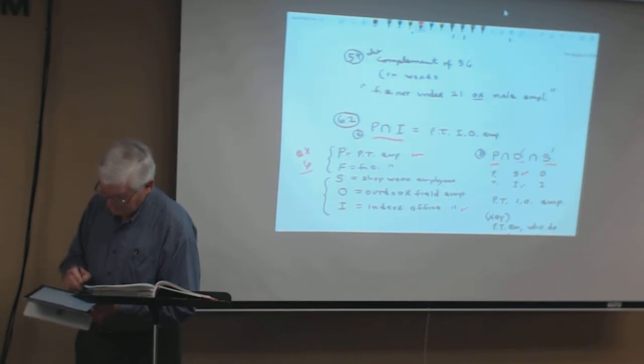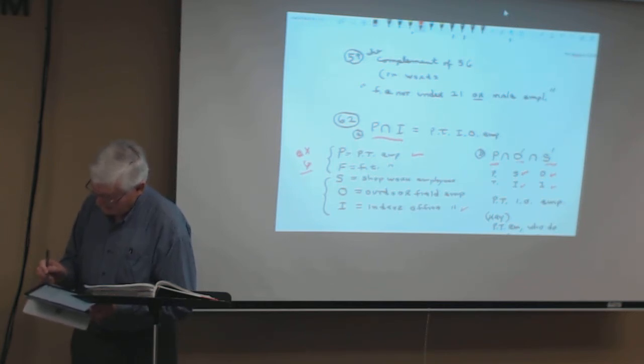The complement of shop workers would be office and indoor. Or, I'm sorry, outdoor field workers and indoor. So what's the intersection of part-time with S and I and O and I? Part-time, there it is, that indoor. Part-time indoor office employees.